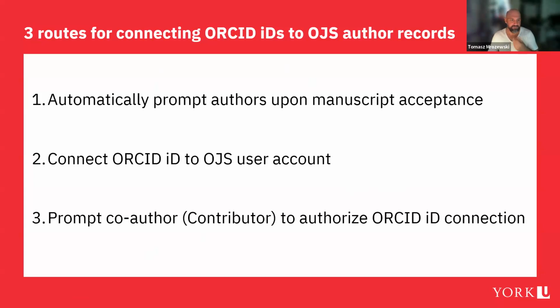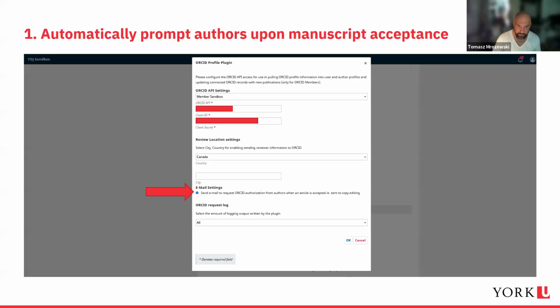However, it is also possible for authors who create their own OJS user accounts, through which they submit the articles, to connect their ORCID account at the OJS account level. And then finally, when creating a contributor record, and again, that's the OJS language for co-authorship, it's possible to select a button that's going to prompt those co-authors to connect their ORCID IDs. So let's look at what these look like.